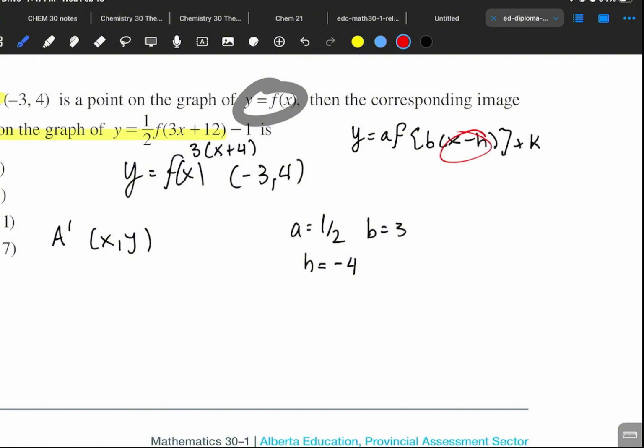And remember that we're subtracting h from x. So if h is negative, then a negative minus a negative becomes a positive. So to get x plus 4, you'd have to have a negative value. Therefore, our h value is going to be -4.